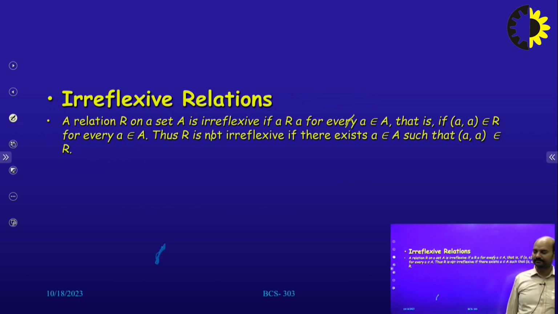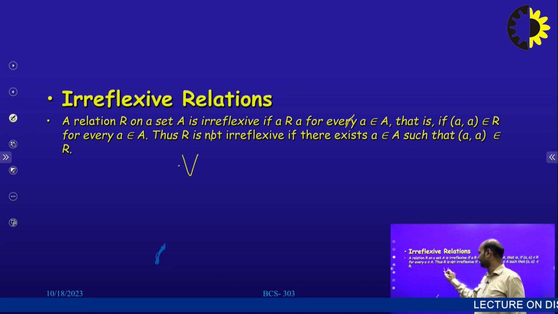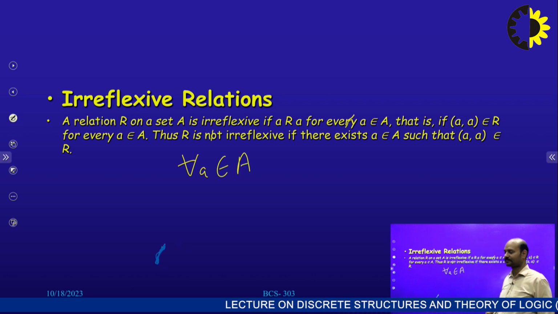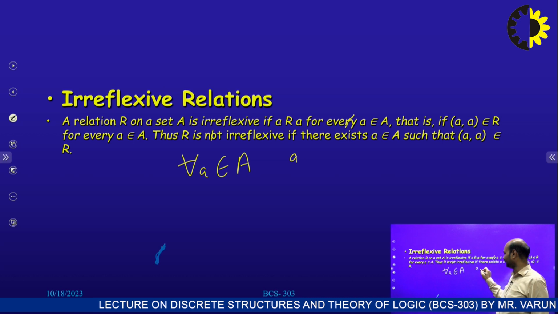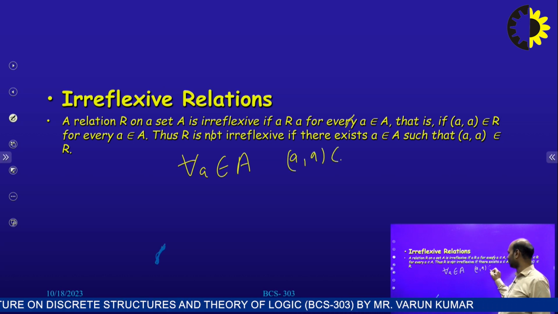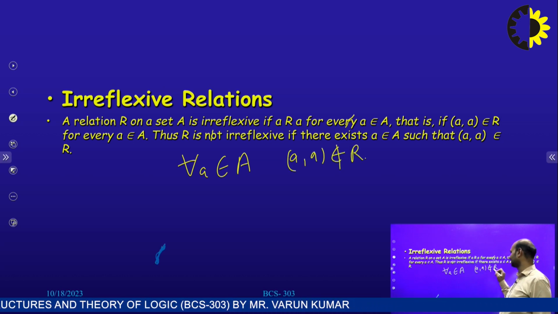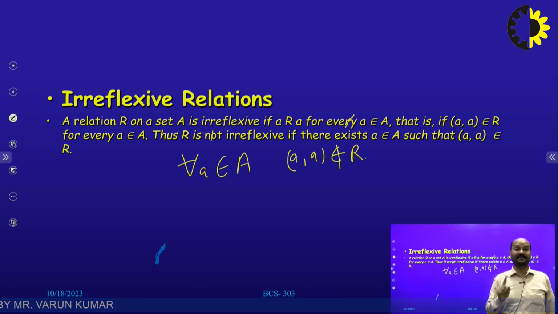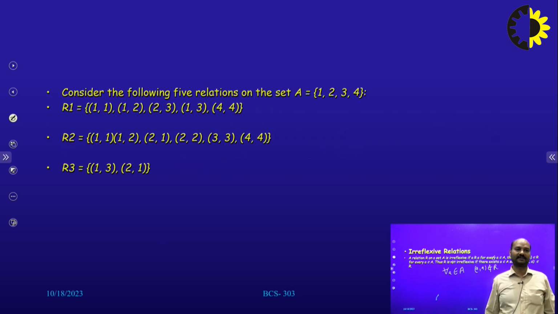Irreflexive relation. In an irreflexive relation, for all elements a of this set, (a, a) does not belong to the relation. Not even a single element has a relation with itself. Such a relation is called an irreflexive relation.